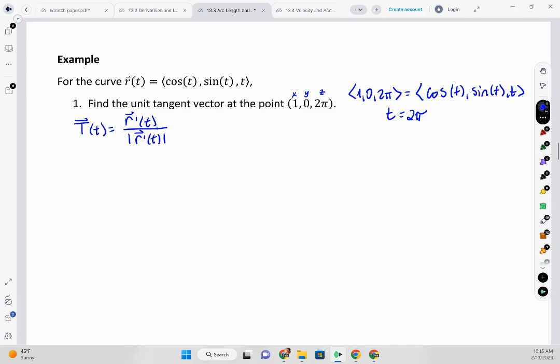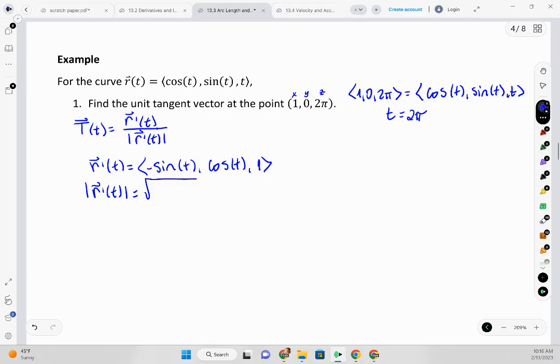All right, so I need r prime. R prime of t is equal to minus sine of t, cosine of t, and 1. I need the magnitude of r prime of t. We have calculated all of these before in the previous problem, but it's fine to redo it. We square each of the components of r prime.